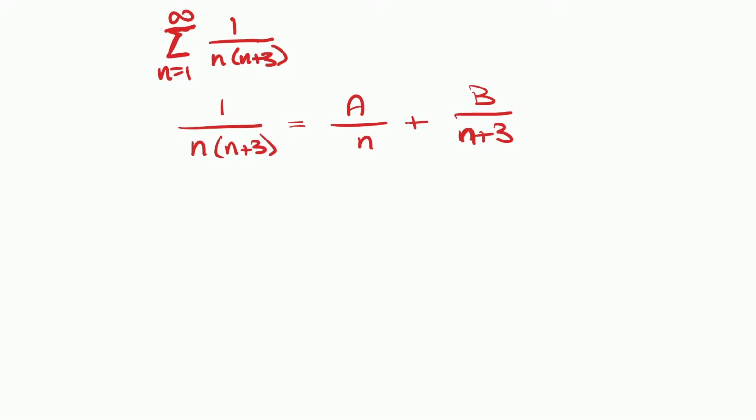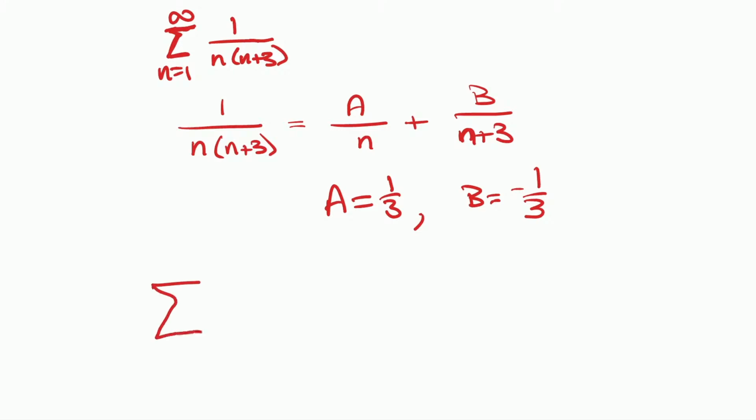When you get done, I believe we're going to get a equal to 1/3 and b equal to negative 1/3. I know I just did that in my head, but it's not that hard when you have numbers like this. If you do enough partial fractions, I'm just trying to skip the hard stuff and get to the good stuff. So there's my a and my b.